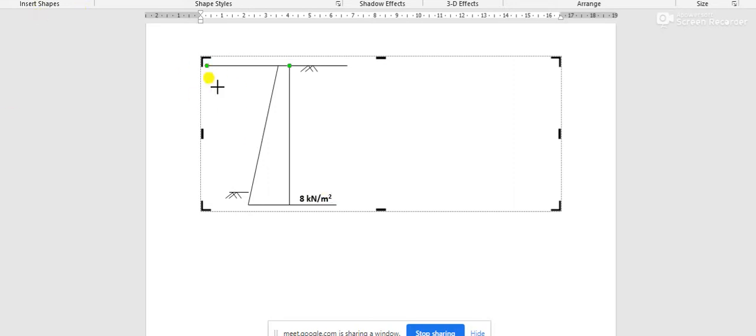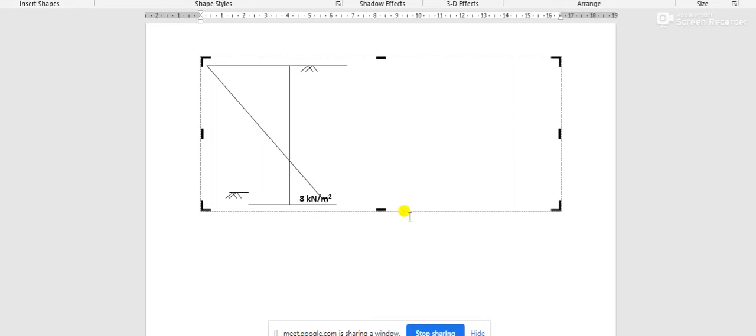And as there is no other data, no other changes in the soil, with same characteristics throughout the depth, we may join these two values to complete the earth pressure diagram.